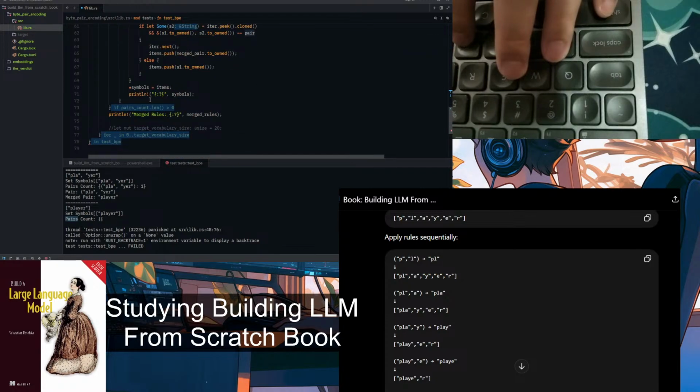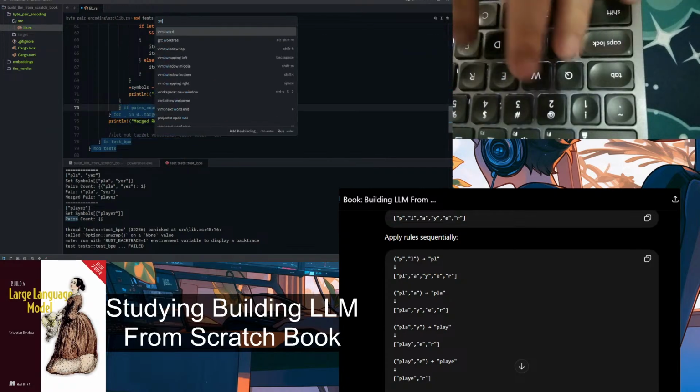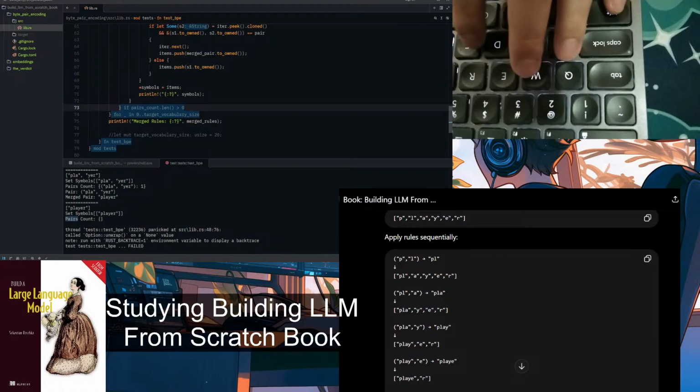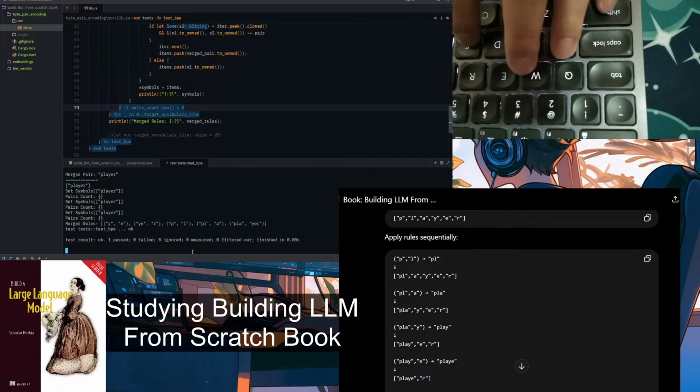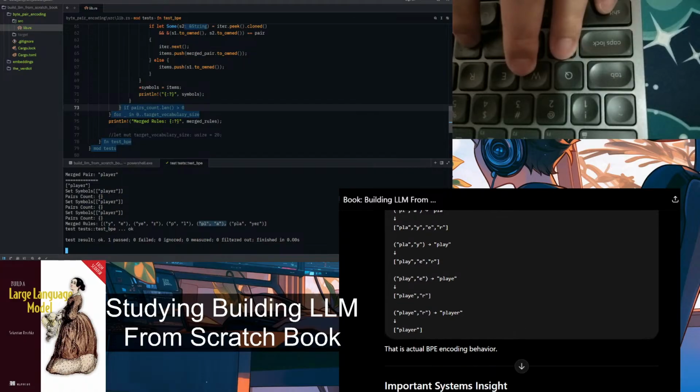Now I need to put it here. Okay, so here, merge rules, PL, PLA, PL, and then A. Yeah, I got it.